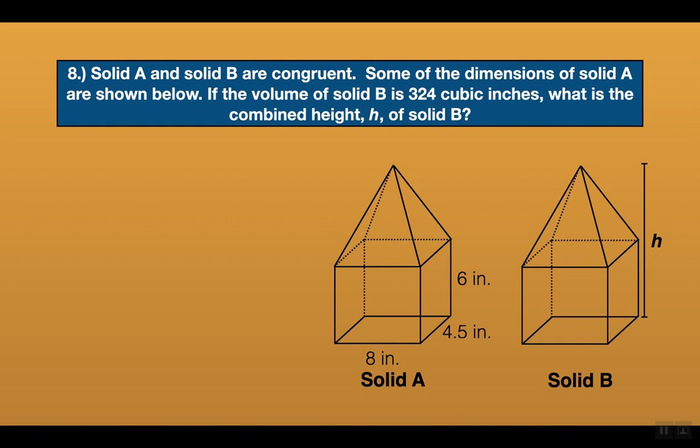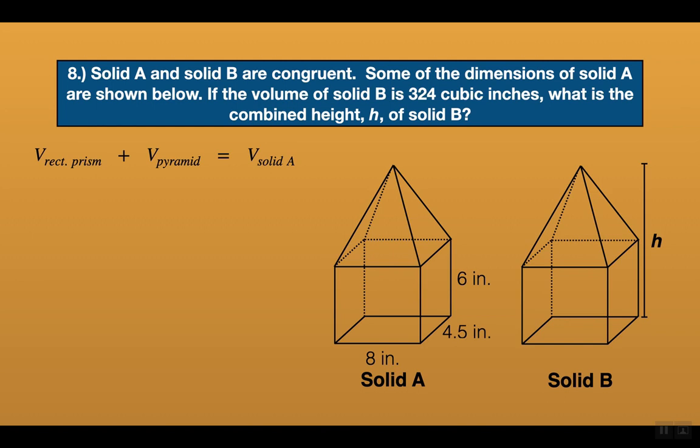So that's going to allow us to use a lot of the information they've given us to solve this problem. Make sure you realize that the volume of the rectangular prism plus the volume of the pyramid is going to equal the volume of solid A. We've got to get the volume of the bottom and the volume of the top, and add them together, and that'll give us the entire volume of solid A.